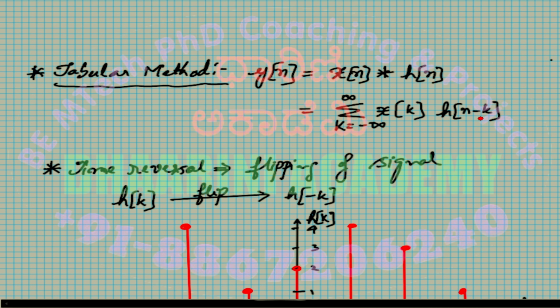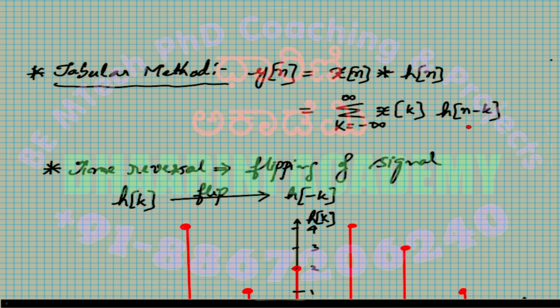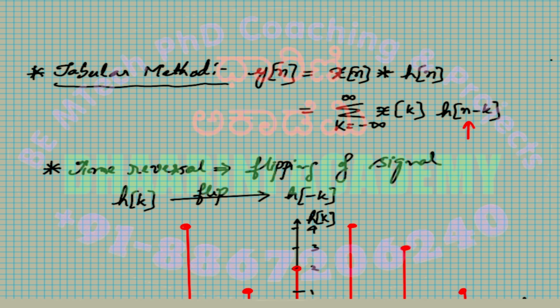You can see h of minus k, indicating that the h signal, whichever you consider, will get flipped in the process of convolution. And you see there is an n, which is indicating that it is going to get shifted as well because it is minus k plus n. So there is a shifting operation that is going to come into picture.